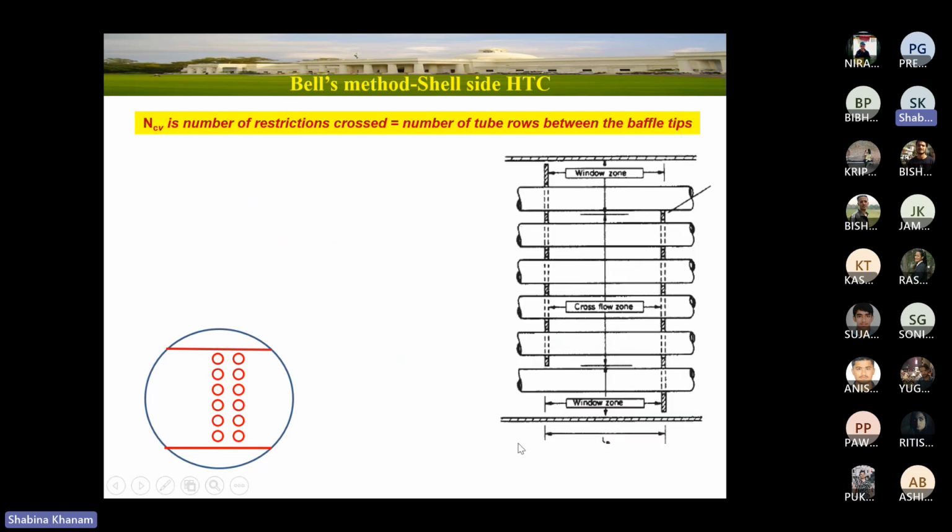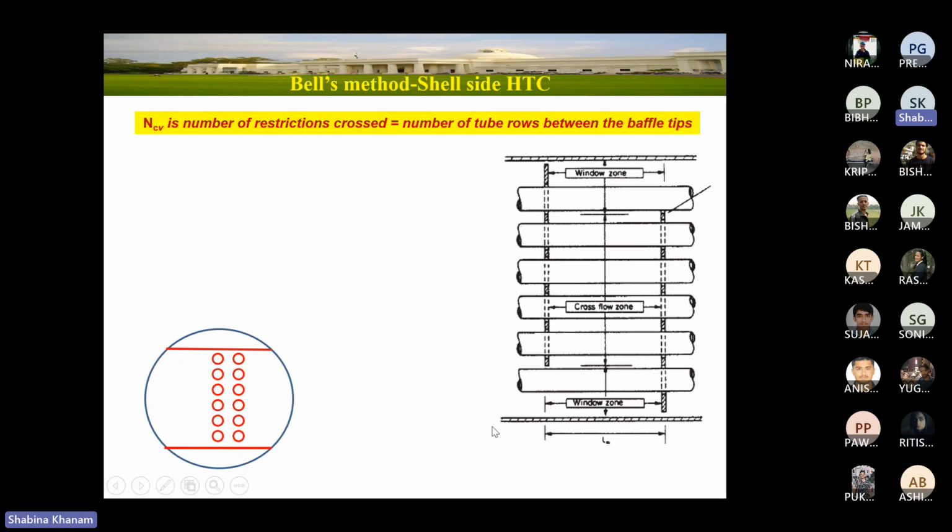Okay, so if I consider the complete shell side, the cross flow zone will occur between two baffle tips. Every time, either you go this way or this way, every zone will have the same cross flow, because we consider the segmental baffle cut to be the same in all baffles.